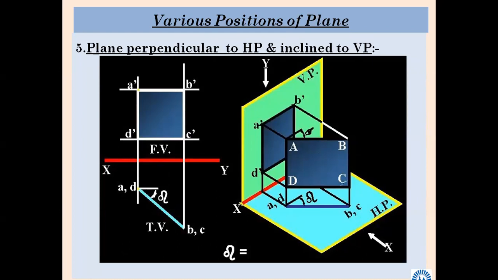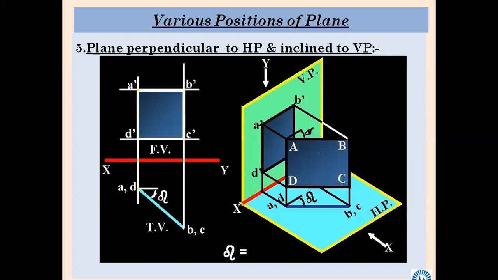Plane perpendicular to HP and inclined to VP. As the plane is perpendicular to HP, what will it show in HP? Edge view or line view. As the plane is inclined to VP, what will it show in VP? Apparent shape.